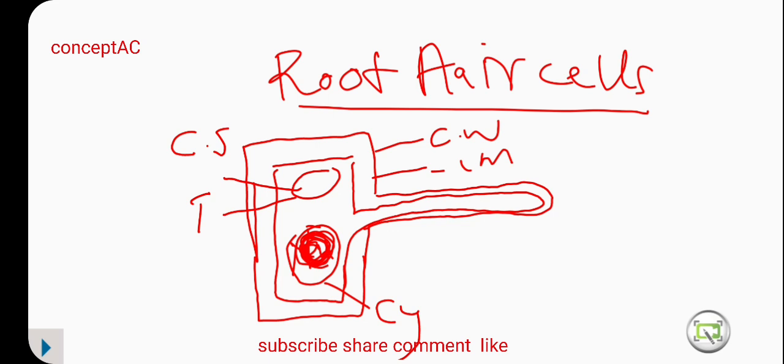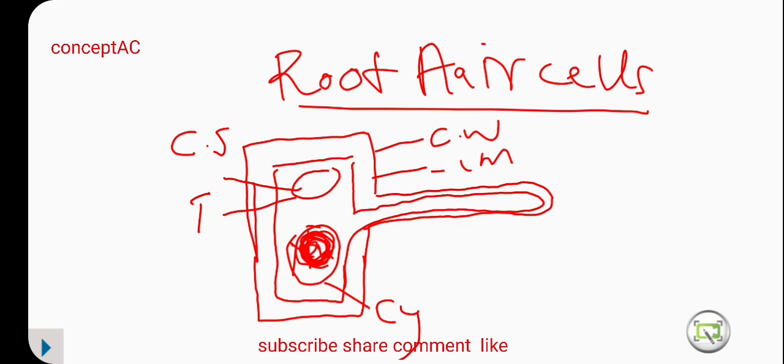Now, what makes this cell do its function? Because it doesn't have chloroplasts, this gives more room for water absorption. It increases the room for water and mineral absorption.